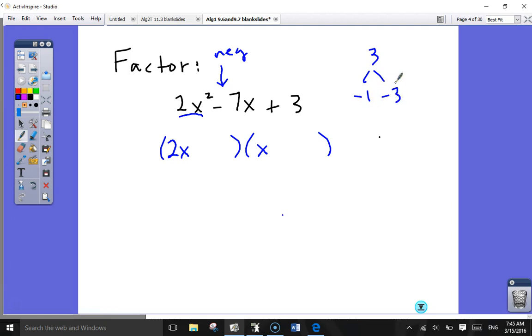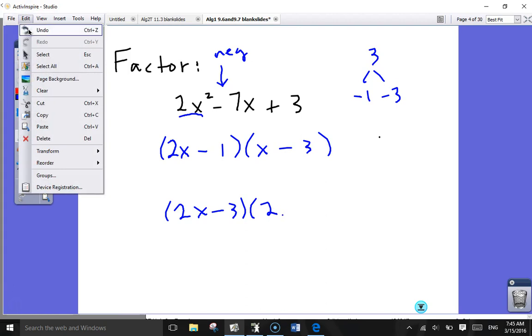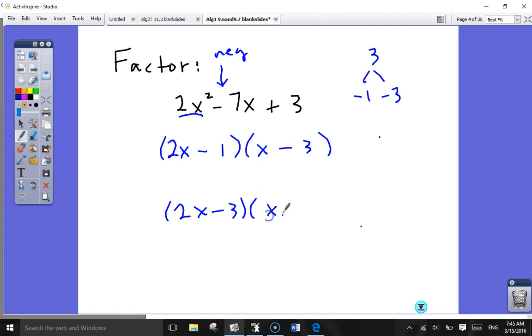So the only question is, should I put negative 1 in the first set of parentheses or negative 3? Which one of these is it? Is it 2x minus 1 times x minus 3, or is it 2x minus 3 times x minus 1? It will matter.